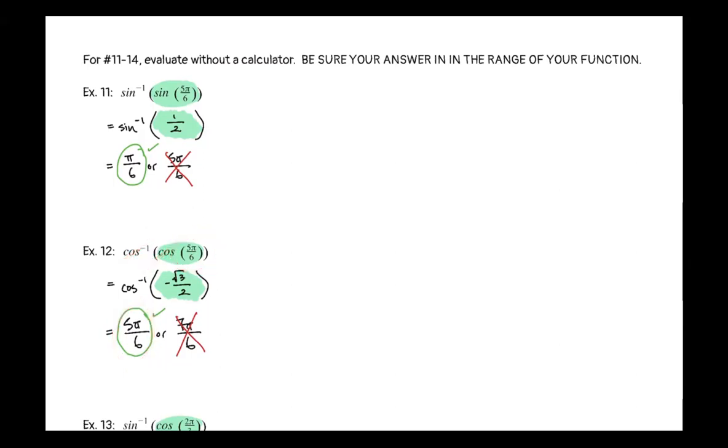But if I go back to example 11, inverse sine and sine, that would mean I would get an answer of 5 pi over 6, but I didn't actually, I got pi over 6. All of that is to say, if you follow this process, you're not going to get the wrong answer. But if you try and shortcut things, sometimes you'll get the right answer, but sometimes you won't. So I would really prefer that we always know how to get that right answer than just guessing and hoping that we get something that's right. All right.